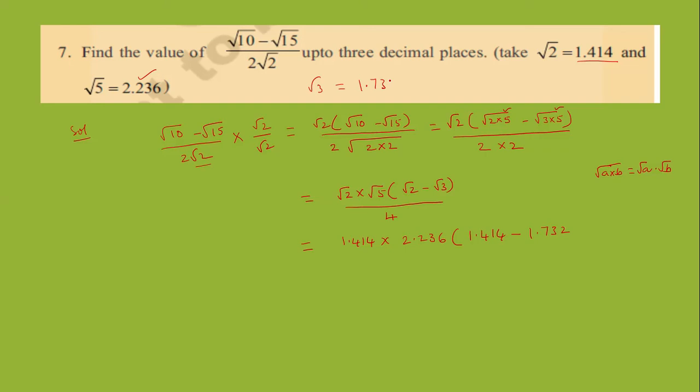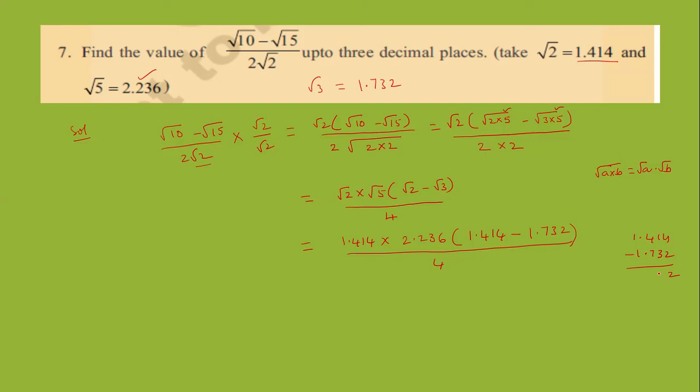In the brackets, you simply write 1.414 minus the root 3 value, which is not given in the question. You may write it here. Root 3 value is 1.732, by 4, the denominator. That means you subtract in the bracket 1.414 minus 1.732. Then what you get?